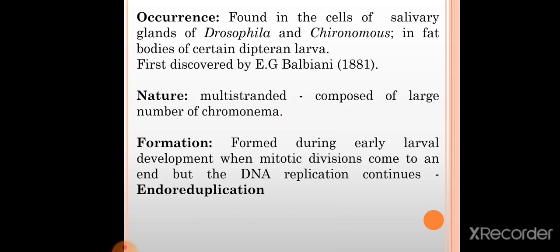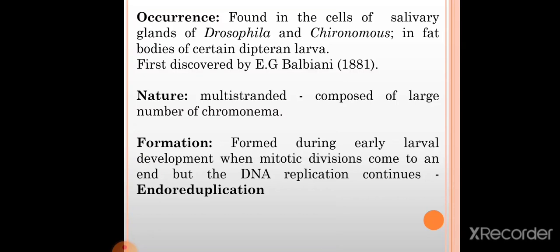Now, what makes these chromosomes multi-stranded? How is this multi-stranded nature formed? Here, these polytene chromosomes are formed with a specialized process called endoreduplication.